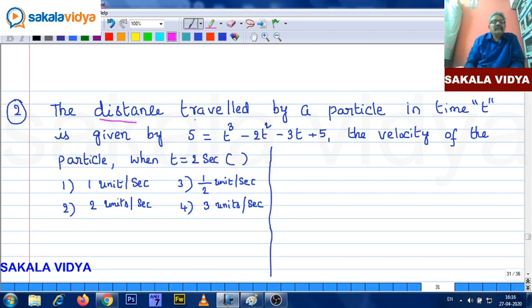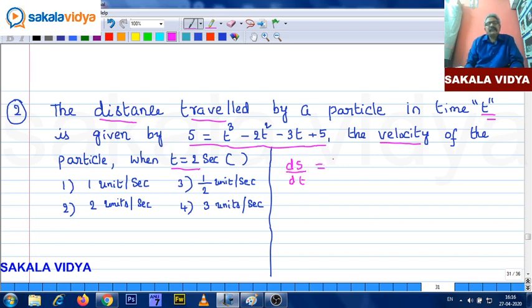The distance travelled by a particle in time t is given by s is equal to t cube minus 2t square minus 3t plus 5. The velocity of the particle at instant t is equal to 2 seconds we need to find out. So, first we need to find ds by dt.